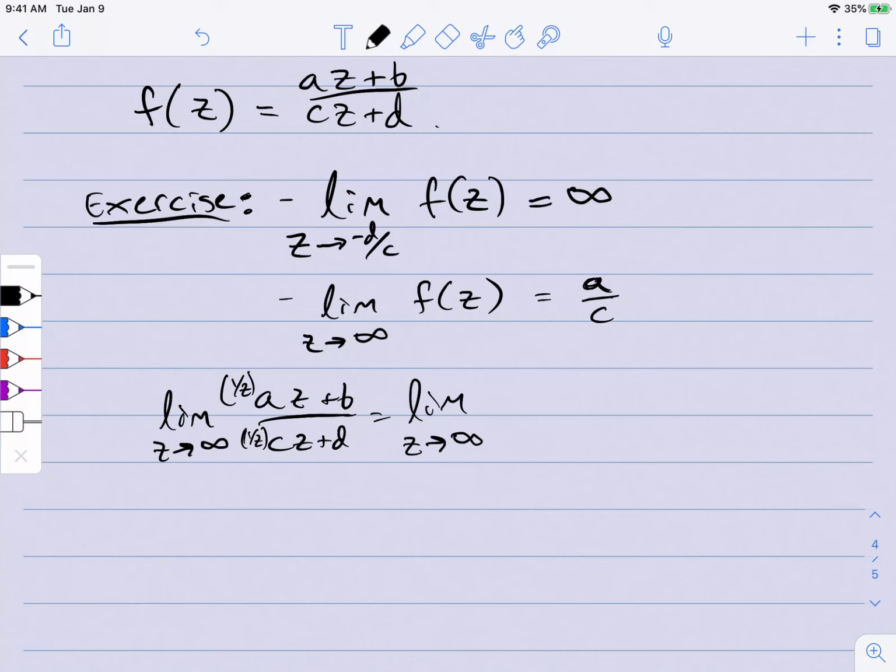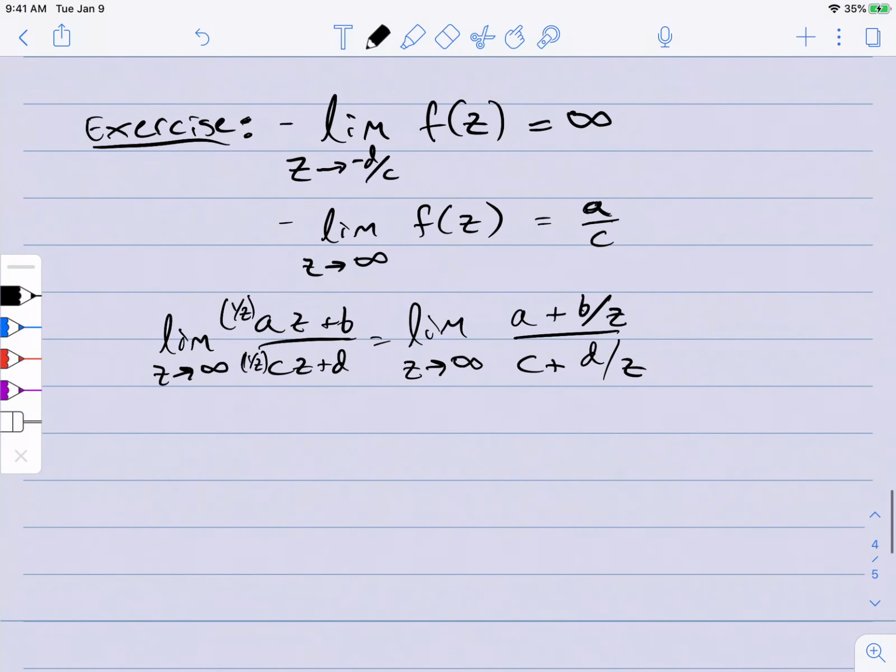And so I get a plus b over z over c plus d over z, and I'm letting z go to infinity. This is the limit of a ratio of two functions. And so as long as the denominator is not approaching 0 as z goes to infinity, which it is not, I can rewrite this as the ratio of the limits.